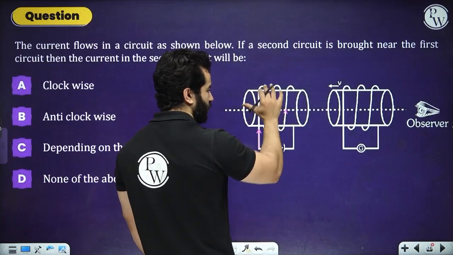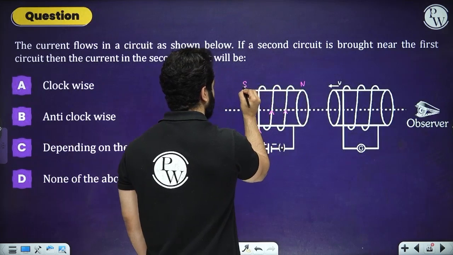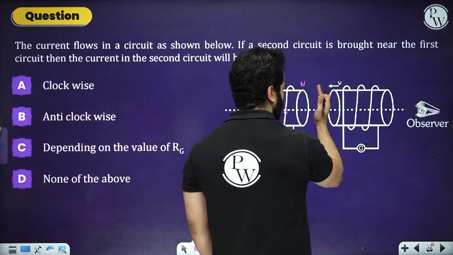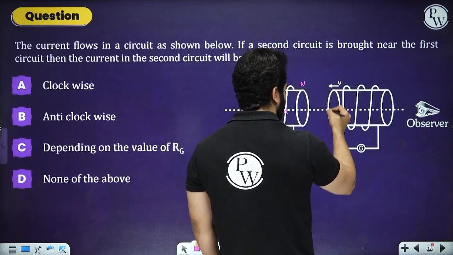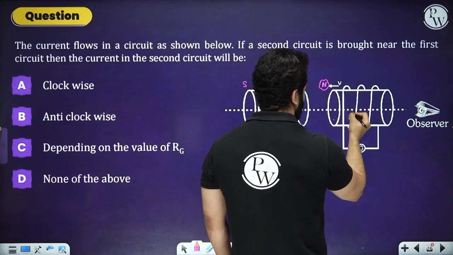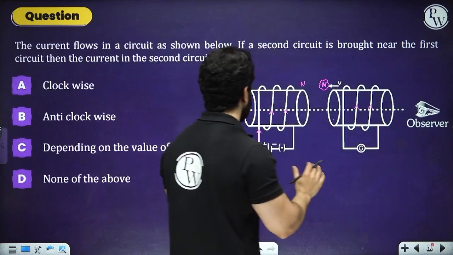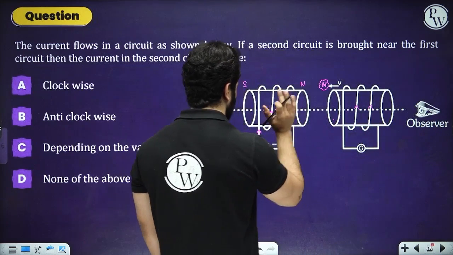Which basically means, according to our clock face rule, over here we have got north pole, over here we have got south pole. And if this is moving towards this one, this will have a current in such a way that it will appear to have north pole over here as well. So the direction should be something like this. Sorry.